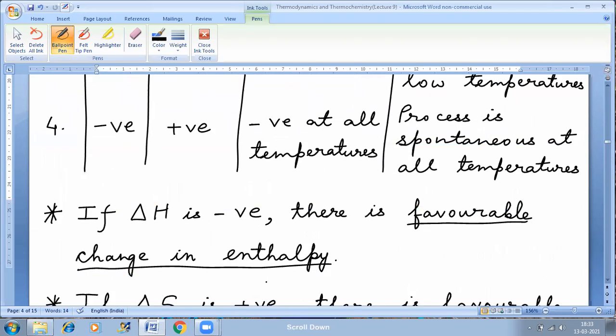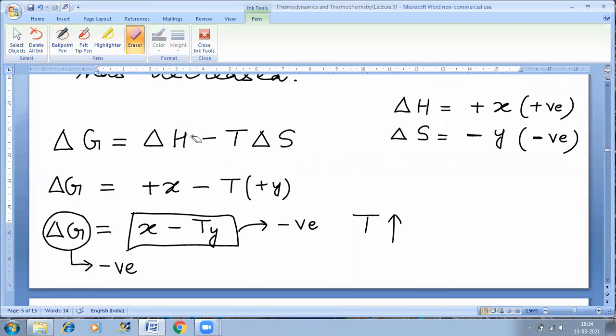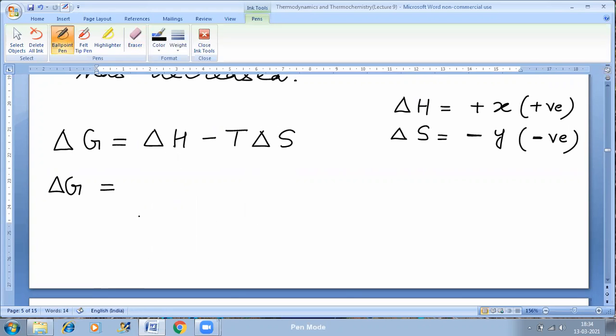Next, let's take a case where delta H is positive and delta S is negative. Now let's see what will happen. Delta H is positive and delta S is negative. So I'll put the value.